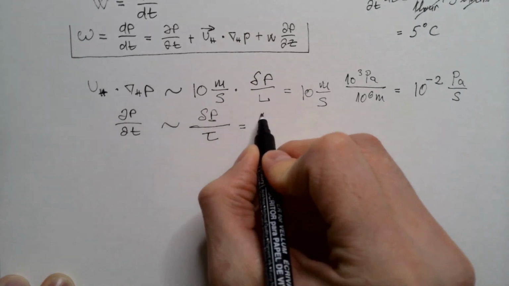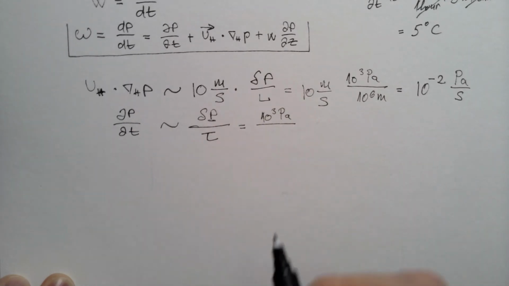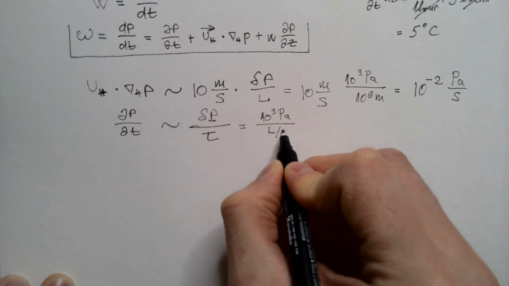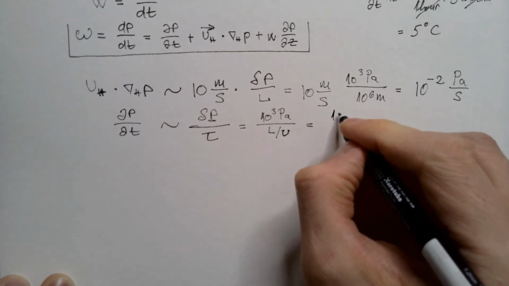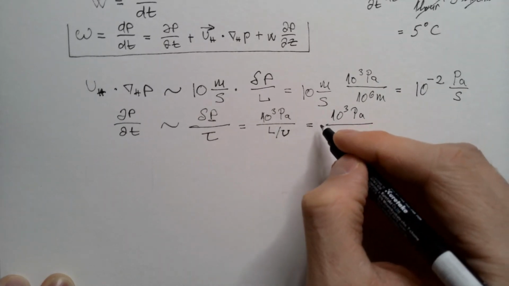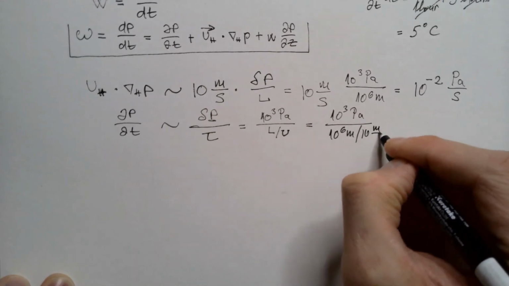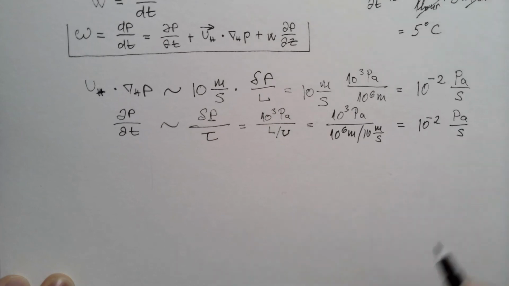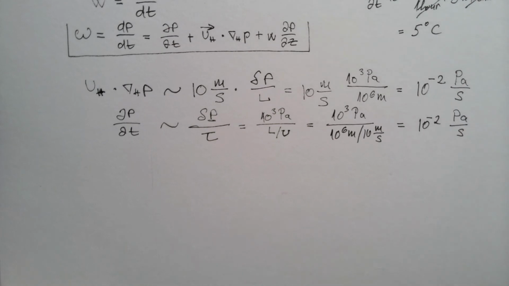And this is equal, well, the same 10^3 pascals over tau, but tau I will rewrite as characteristic length over characteristic velocity, and then this becomes 10^3 pascals over 10^6 meters over 10 meters per second. And this is just equal 10^-2 pascals per second. So these two terms, as you can see, have the same order of magnitude.